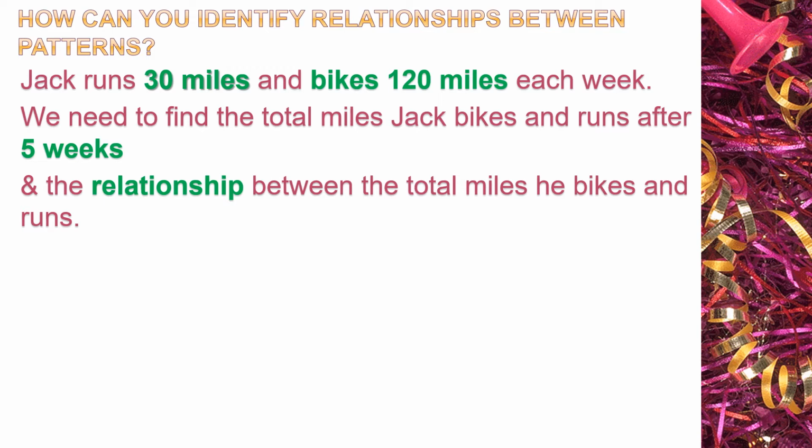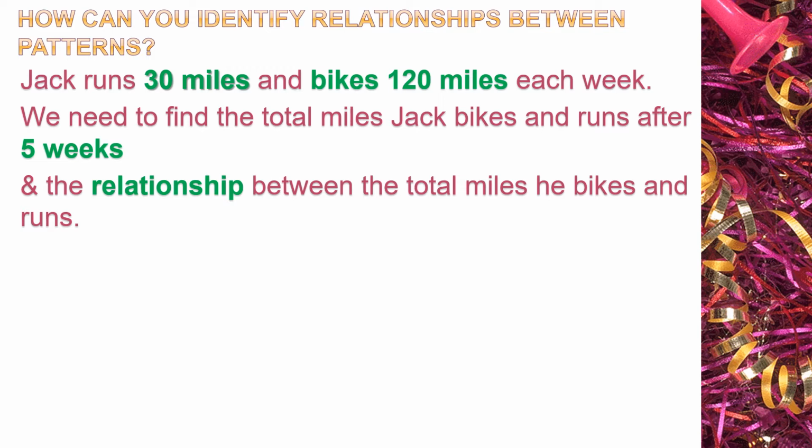See, in the first sentence, Jack runs 30 miles. Means for run, you're going to add 30 miles each week. And for bikes, we are going to add 120 miles each week. So here for bikes, the rule will be add 120.